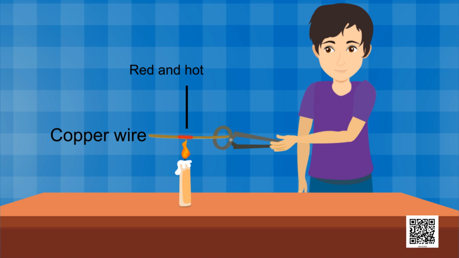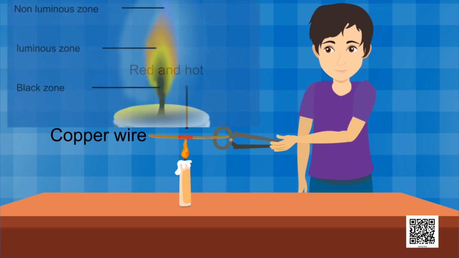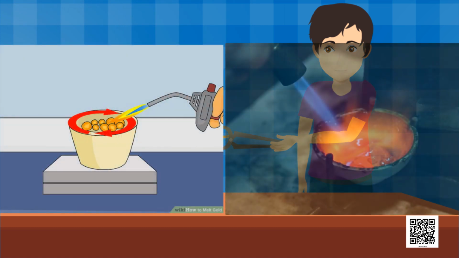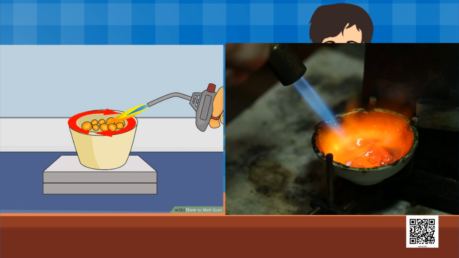It is the hottest zone of the flame and is called the outer zone of complete combustion. That is why goldsmiths blow the outermost zone of the flame with a metallic blowpipe for melting gold and silver metals.